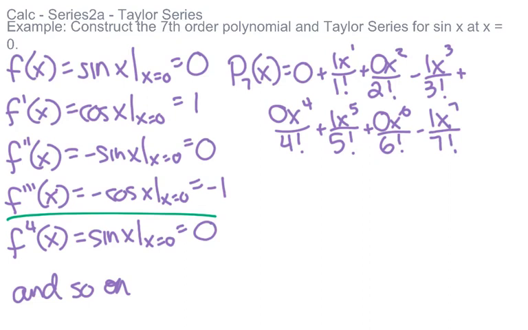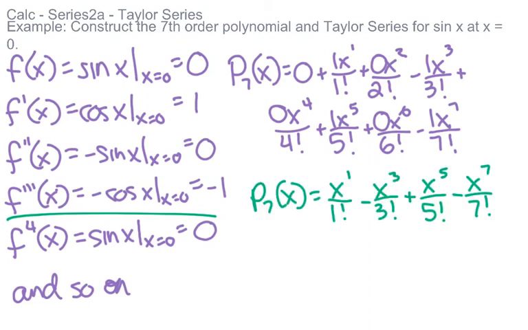Let's simplify. Here we have our simplified form of the 7th order polynomial, and I'll explain what this means in a second, but I want you to notice that it's 1, negative 1, 1, negative 1, 1, 3, 5, 7. Hey, that's interesting.